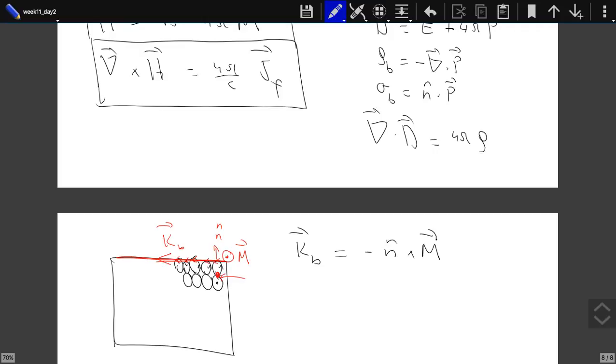Again, I repeat, there is no current in the sense that no charge is moving from this point to this point. All the charges are circling around their position, around the central position. But effectively, it acts as if there's a net current on the surface.